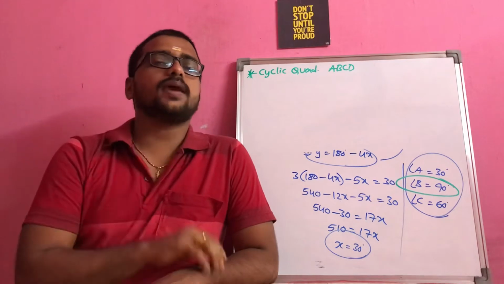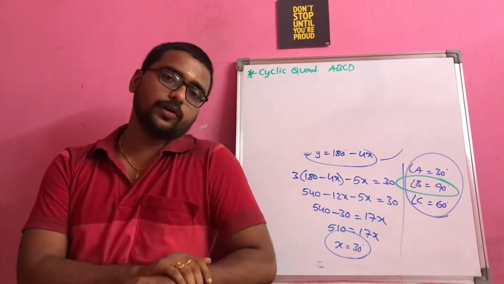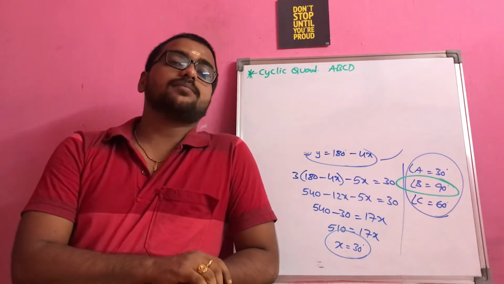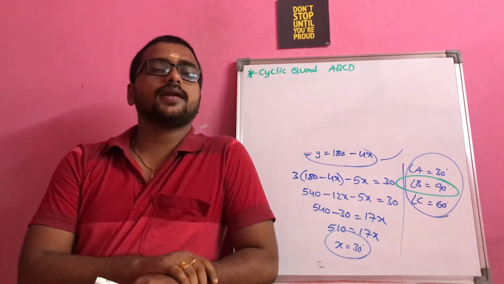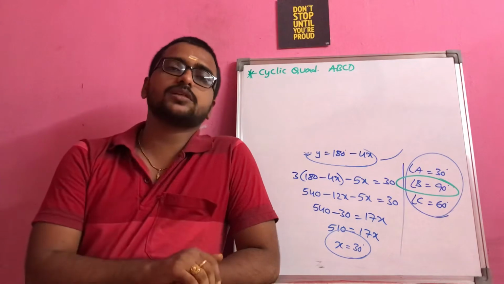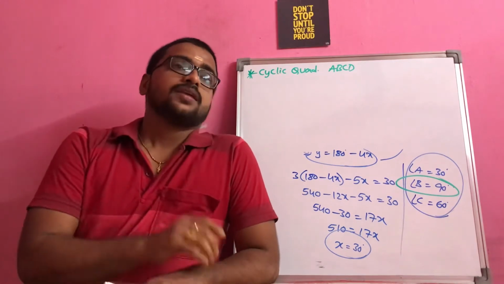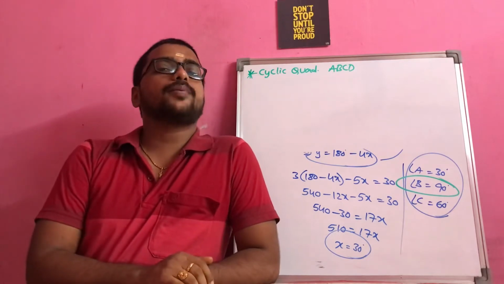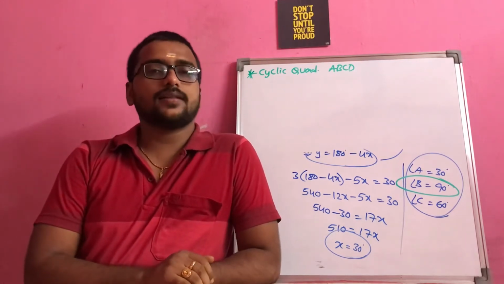There are 2 main important properties for the cyclic quadrilateral. One is opposite angle summation will be equal to 180. That is the first information. And the second is the exterior angle will be equivalent to the opposite interior angle. That is another information.